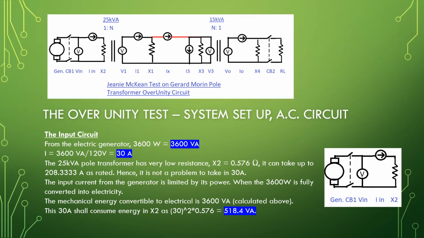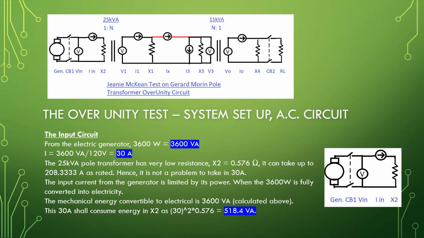The 25 kVA pole transformer has very low resistance. X2 equal to 0.576 ohm. It can take up to 208.333 ampere as rated. Hence, it is not a problem to take in 30 ampere.